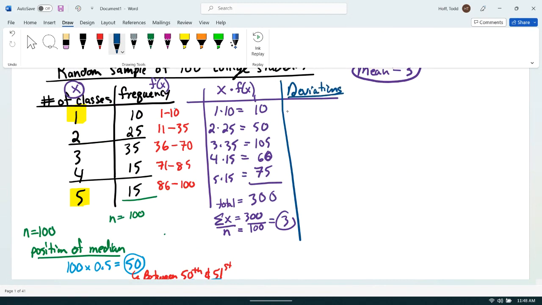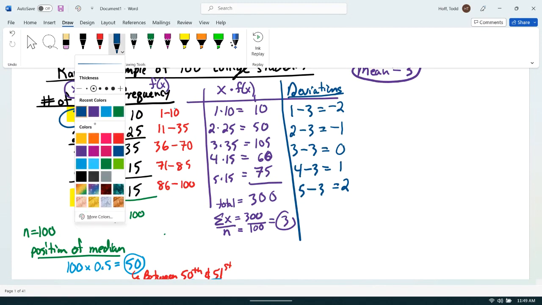Here the number was 1, minus the mean of 3 gives us a negative 2. The number 2 minus the mean of 3 gives us a deviation of negative 1. The number 3 minus a mean of 3 is a deviation of 0. 4 minus 3 is a deviation of 1. 5 minus 3 is a deviation of 2. Those are the deviations.